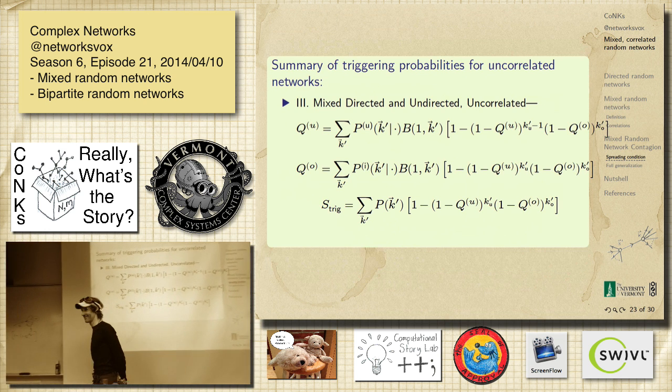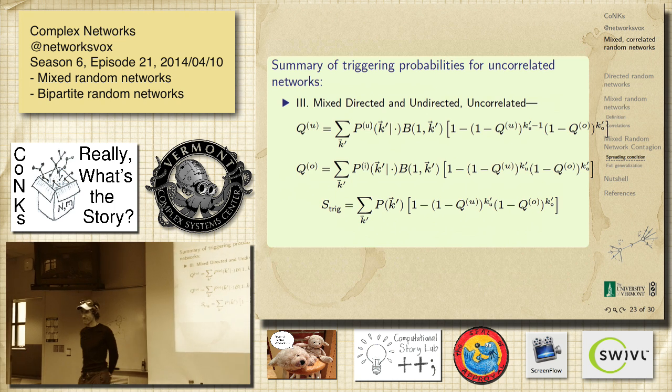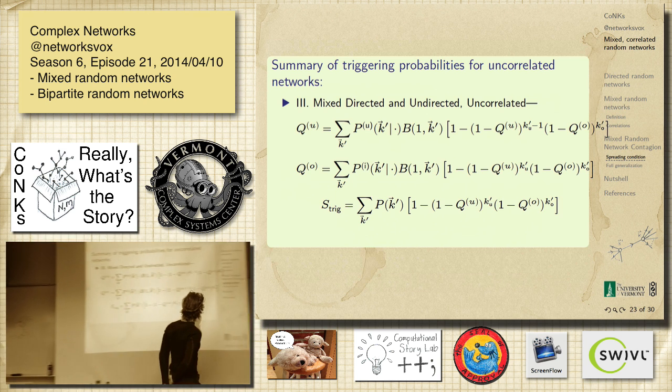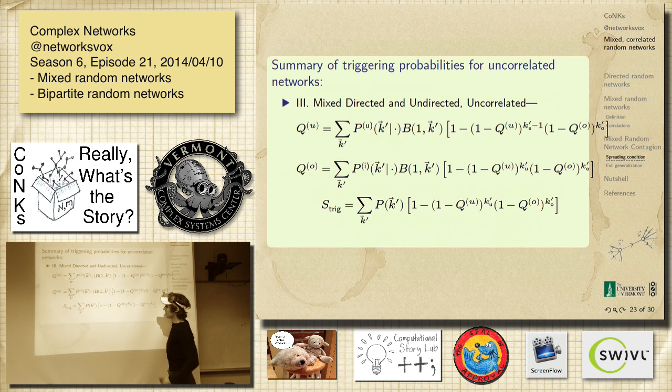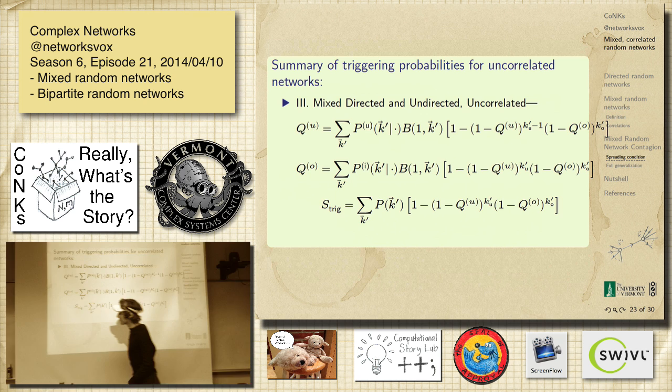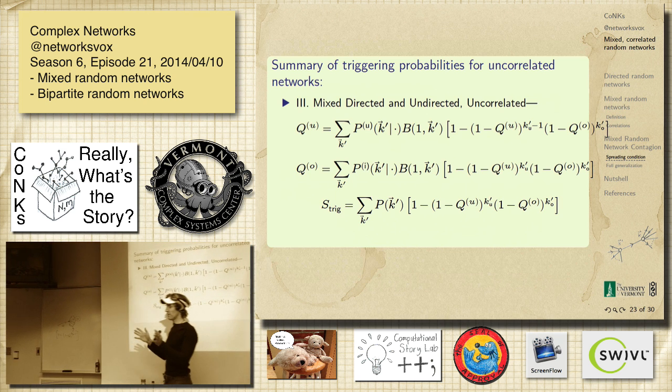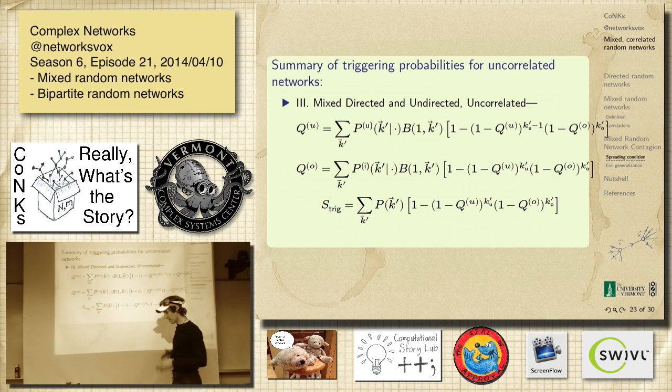Yeah, don't ask a question. Like, for the undirected, you subtract one because you come in on it, but why don't you do that in the next one, in this line? Yeah, so because now you're following a directed edge, and the undirecteds are all in play.